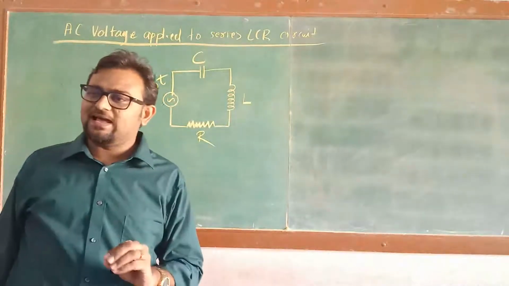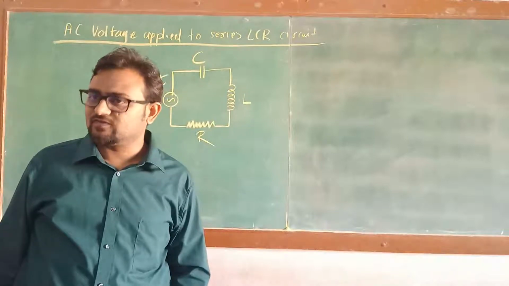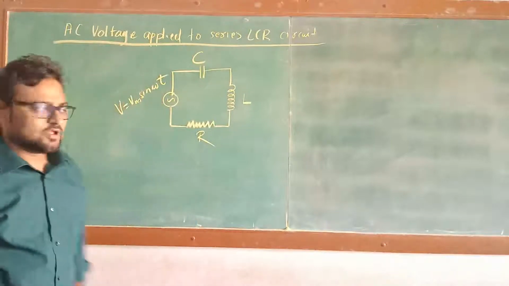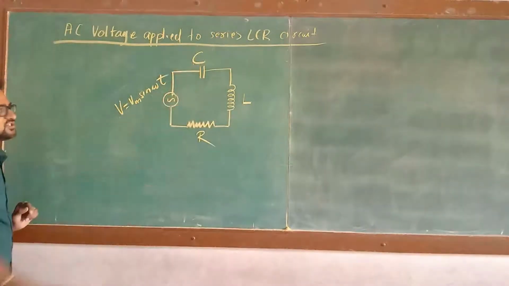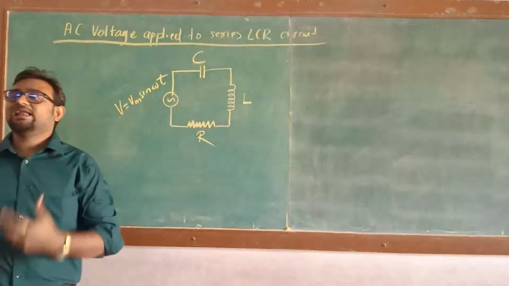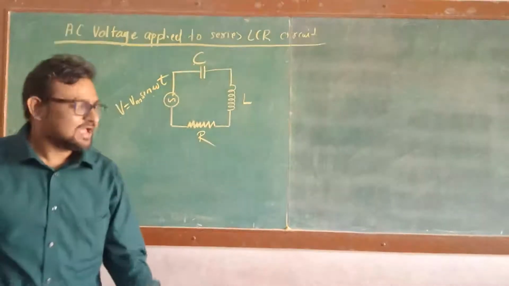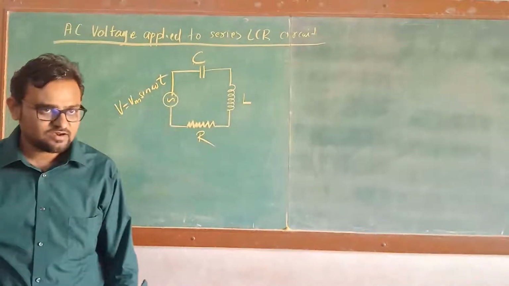If I apply Kirchhoff's second loop rule, then what will I get? What is the voltage drop at the capacitor? Q by C. At the inductor, L di by dt. And at the resistor, V equal to IR.